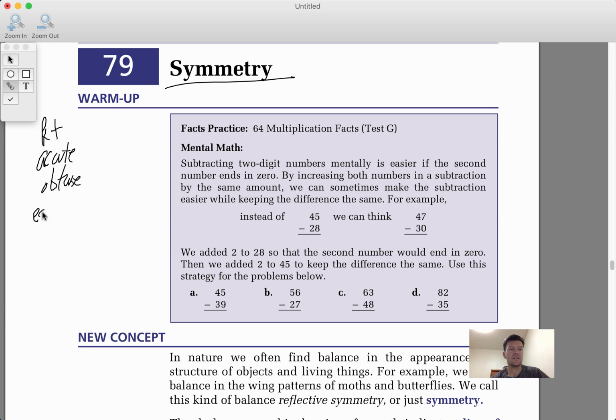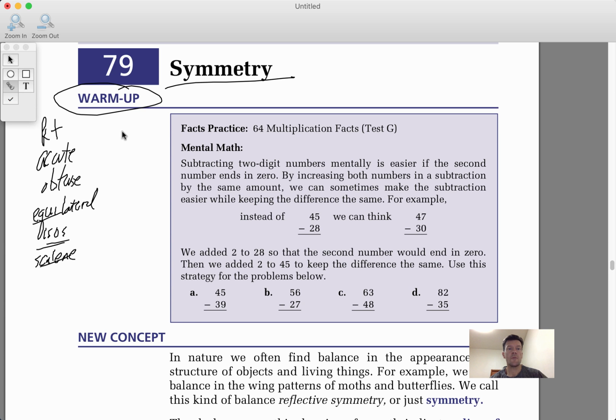So we looked at equilateral, we looked at isosceles, and we looked at scalene. So if you don't recall those different names, you might want to look back at 78 and just review a little bit, okay? All right.